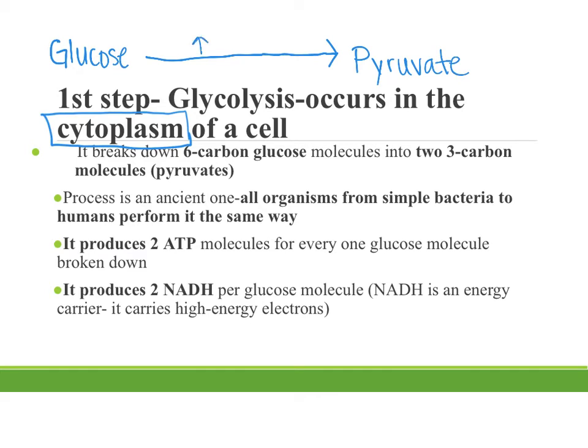And through this process, we also get 2 ATP molecules and we get 2 NADH molecules. Okay. So if this diagram is simpler to help you remember what happens, feel free to copy this down, and then this is how we know we start with glucose. We're producing pyruvate, and along the way we're getting 2 ATP and 2 NADH.